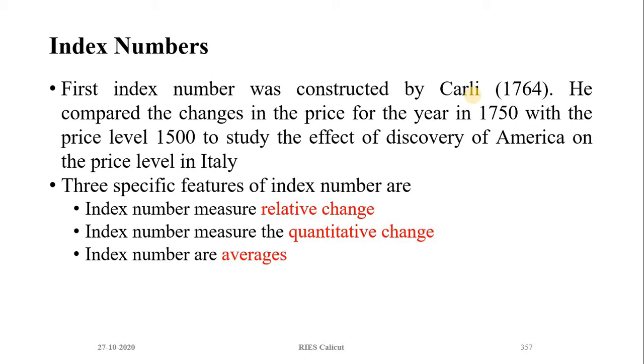All these were absolute averages, whereas an index number measures a relative average, which means the changes in percentage. Similarly, an index number measures quantitative changes, not qualitative changes. It is constructed purely for the purpose of measuring quantitative changes.